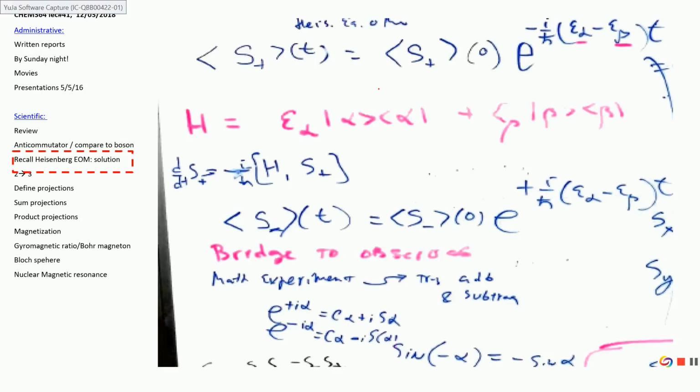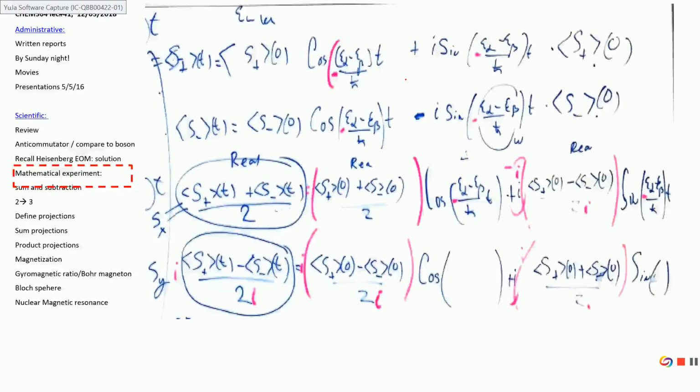So for the annihilation operator, it revolves in the opposite direction. And now if we add together S plus and S minus, we will get a cosine over time. So sine and cosine.